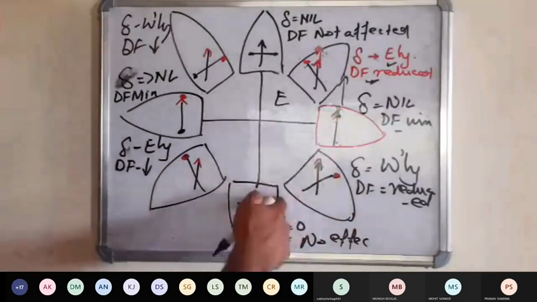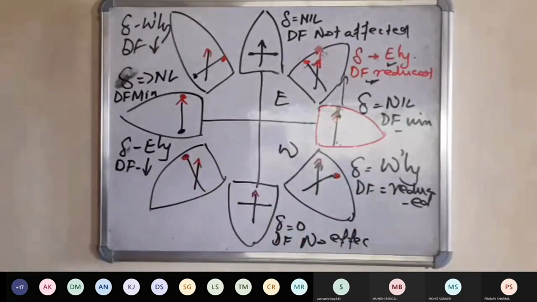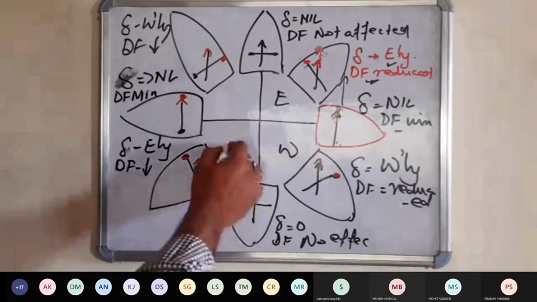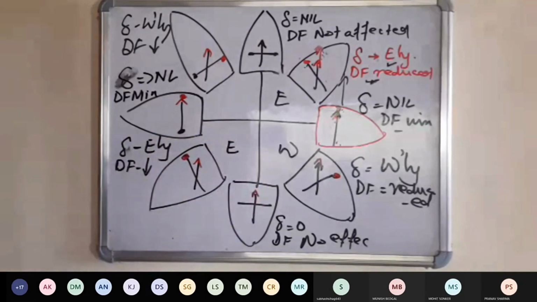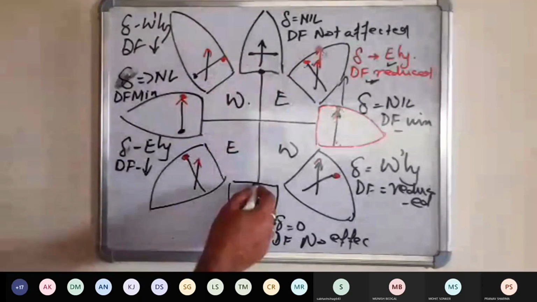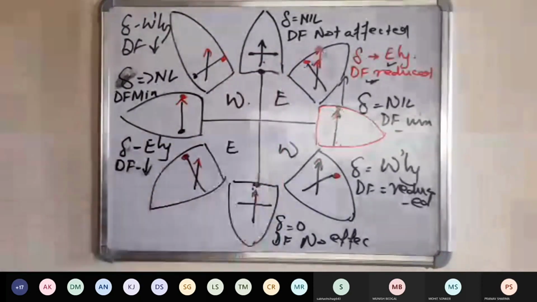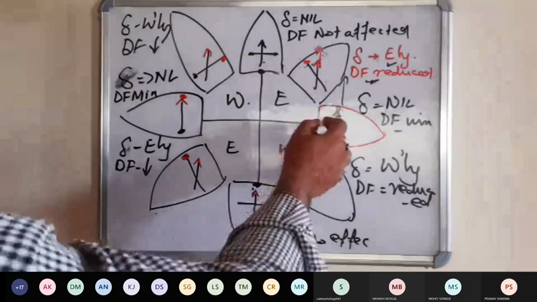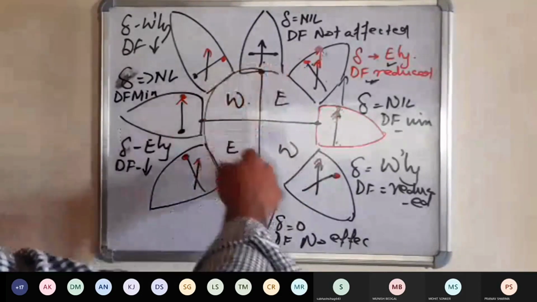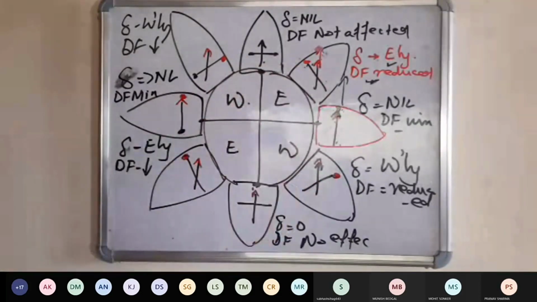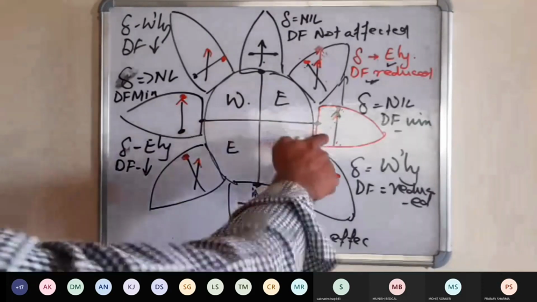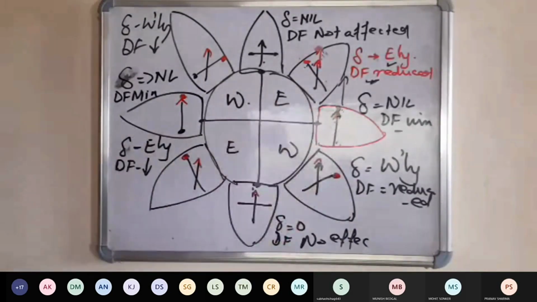On all these courses from here to here is westerly. In this area, again it is easterly and again westerly here. DF, directive force, was not affected on north-south course, but becoming minimum here. So most of the time it is minimum, less than the actual DF of the earth. The induced magnetism is further reducing.